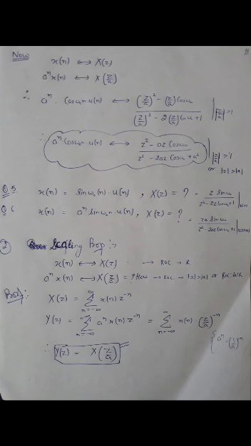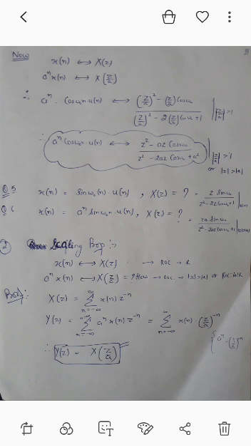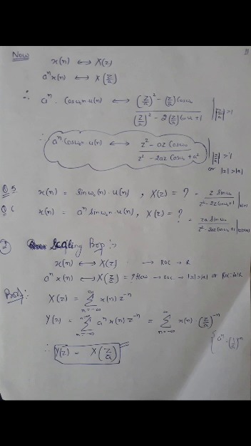Earlier on the top part of this page, we have one property: a raised to power n x[n] has z transform X of z by a. So the second property of z transform is the scaling property. If x[n] has z transform X(z), then a raised to power n x[n] has z transform X of z by a. Let's suppose the answer is Y(z), which we have to find.